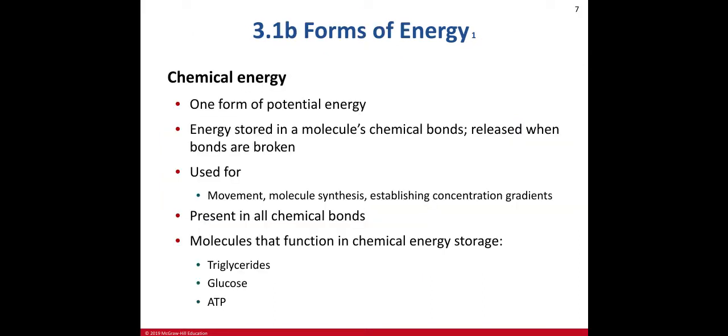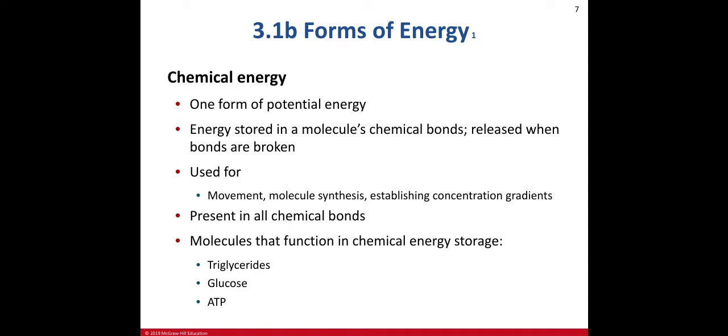There's some other forms of energy that we need to talk about as well, specifically chemical energy. It's a type of potential energy where we're storing energy in chemical bonds. And then we break those bonds to release that energy. And then we can use that released energy to do movement, to make molecules, or to make those concentration gradients.